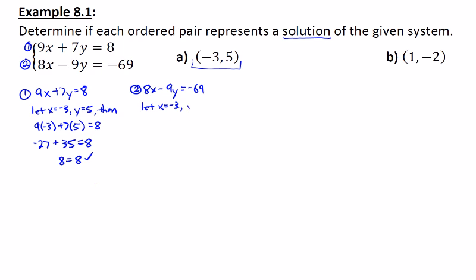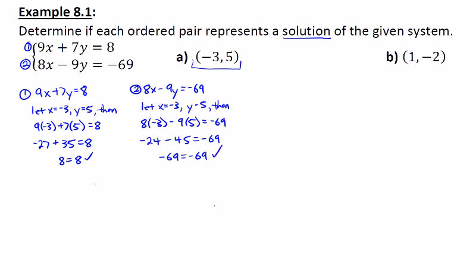X will be negative 3, y will be 5, and then we get 8 times negative 3 minus 9 times 5 is supposed to equal negative 69. That gives me negative 24 minus 45 is supposed to equal negative 69, and lucky us, we get another true statement. Negative 69 does equal negative 69.